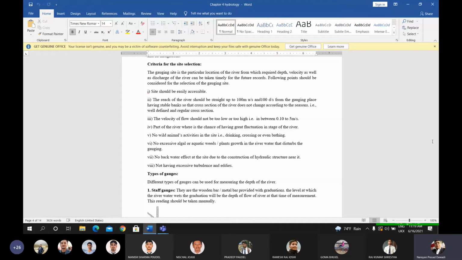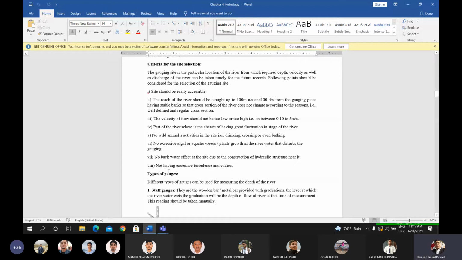The site must be away from the hydraulic structure, and if the hydraulic structure has a backwater current effect, then that current effect should not disturb the measurement of the river parameters. Okay, this is the backwater effect.